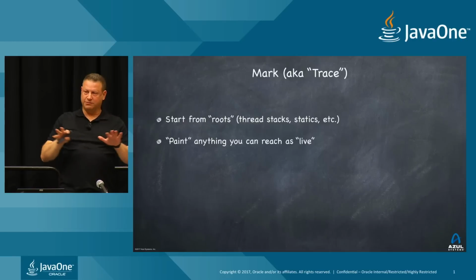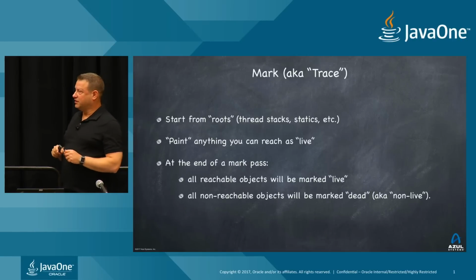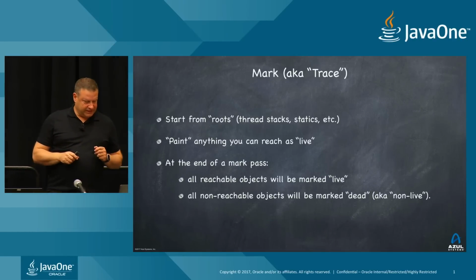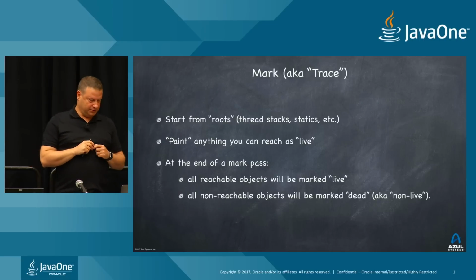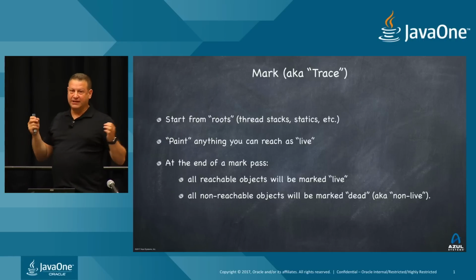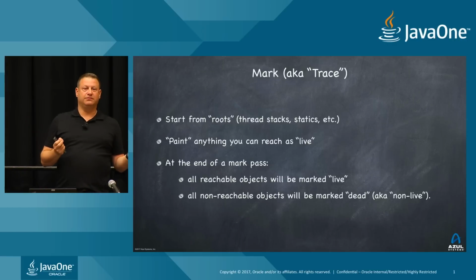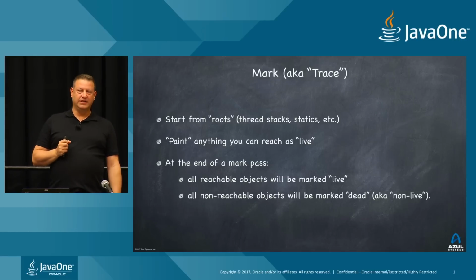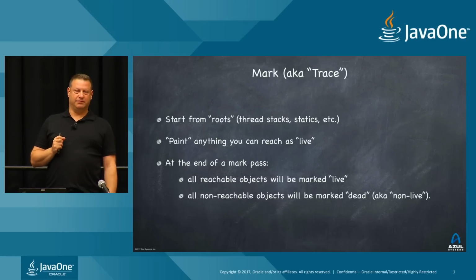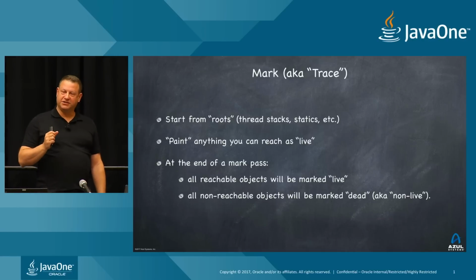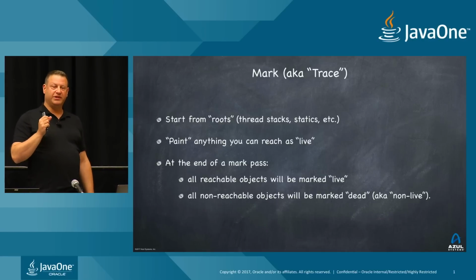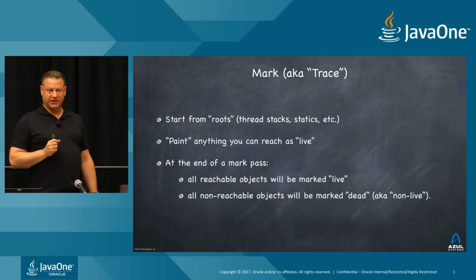Okay? So I start from the roots, and anything I can reach, I can reach. Now, at the end of one of these exhaustive tracing passes that starts from the roots, all the reachable objects, anything I can reach from my root set is going to be marked live, and anything I can't reach from the root set will not be marked live. And there's a very important quality here. If I cannot reach it from the root set now, I will never be able to reach it from the root set again.